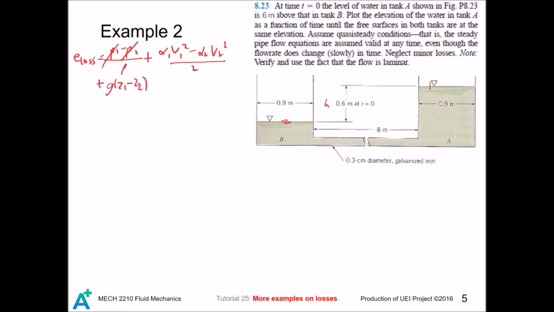Both points 1 and 2 are exposed to atmosphere, and both points 1 and 2 are in the reservoir, so they have negligible velocity, and we just let Z1 minus Z2 be h.